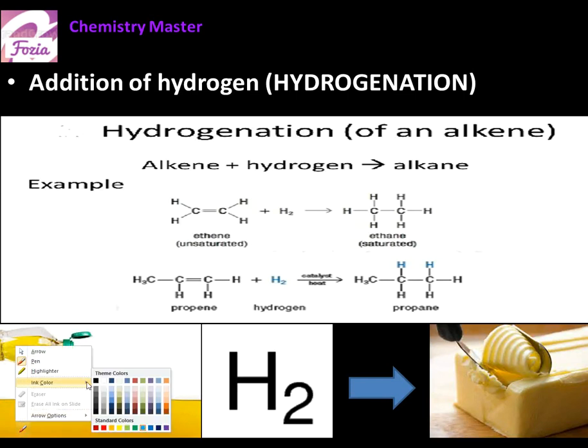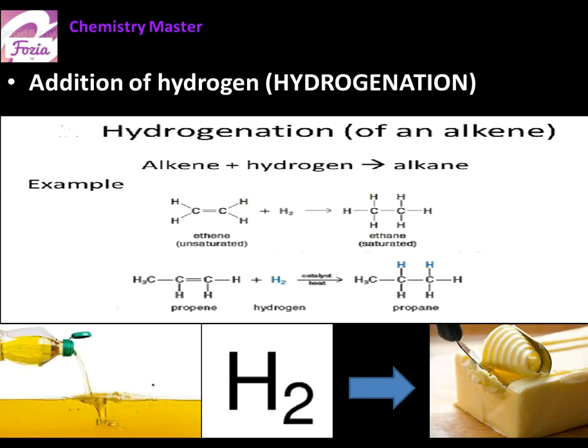So alkene is the center where the double bond is present, right? And hydrogen means two atoms of hydrogen are bonded, and when this bond breaks up, both of the hydrogen atoms will make a bond with these two doubly bonded carbon atoms. The conditions at which hydrogenation is carried out are a high temperature, 200 degrees Celsius, and the catalyst to speed up this reaction is Raney nickel.